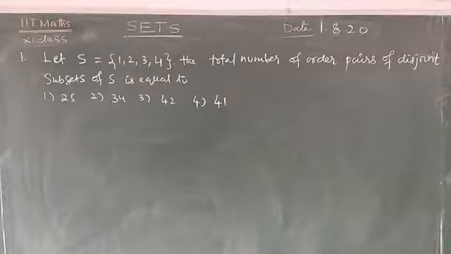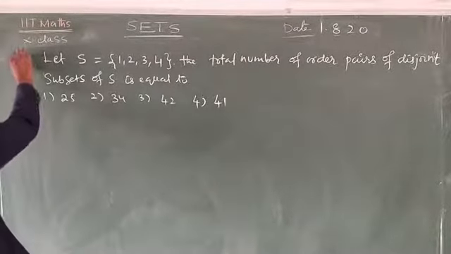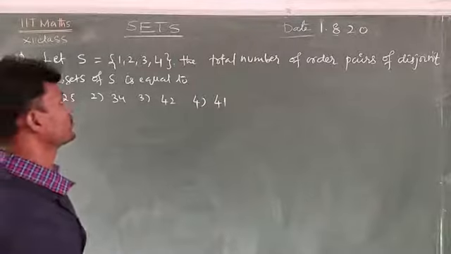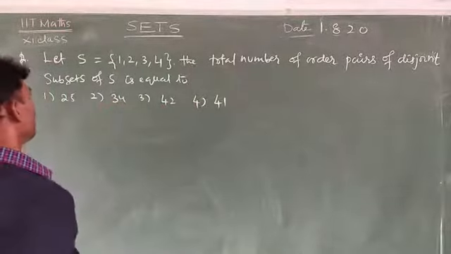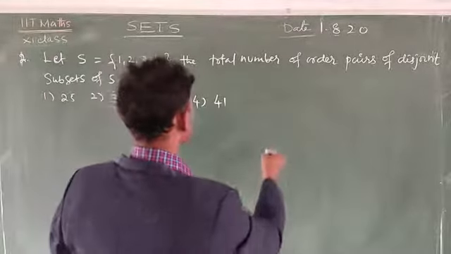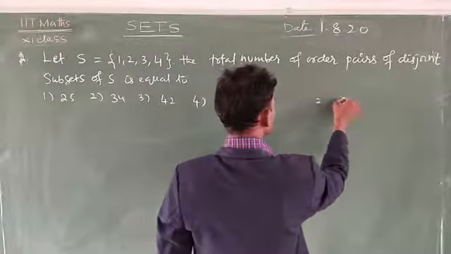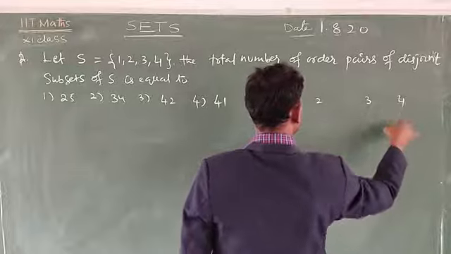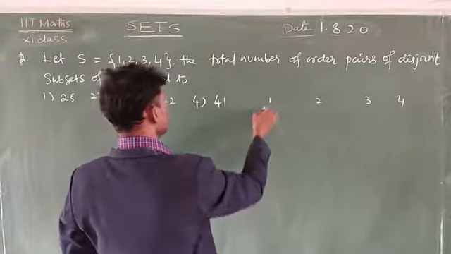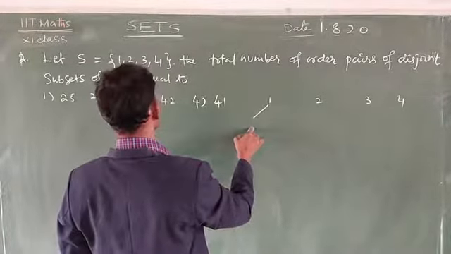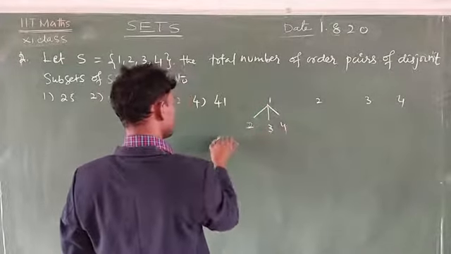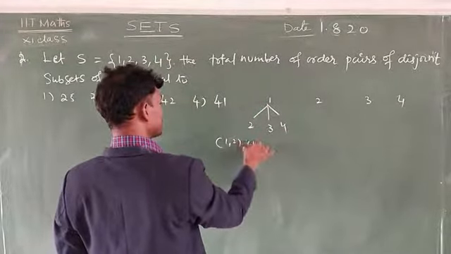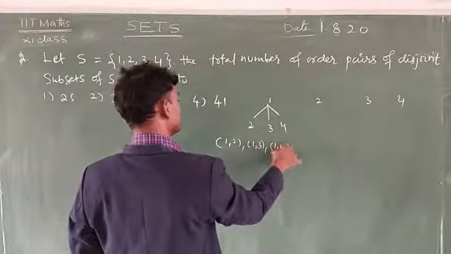Okay, second problem. Let S be the set {1, 2, 3, 4}. The total number of ordered pairs of disjoint sets of S is equal to? See here, S has 4 elements: 1, 2, 3 and 4. For 1, the disjoint sets are 1,2; 1,3; 1,4, so 3 disjoint sets.